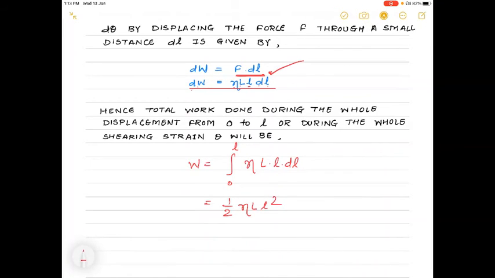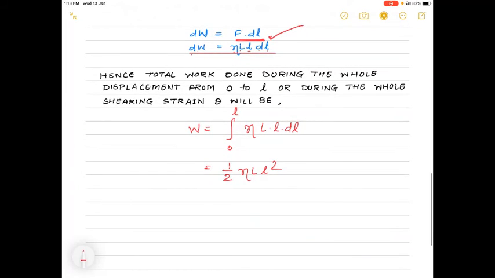Now from the previous equation for eta that we have seen earlier, eta is equal to F upon L square theta.